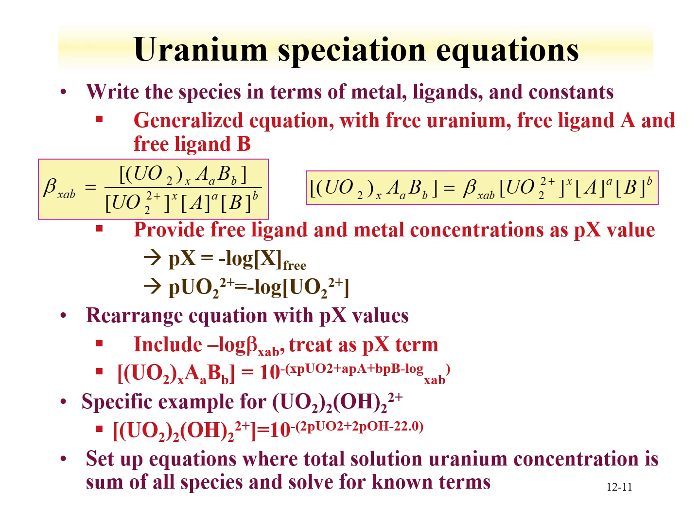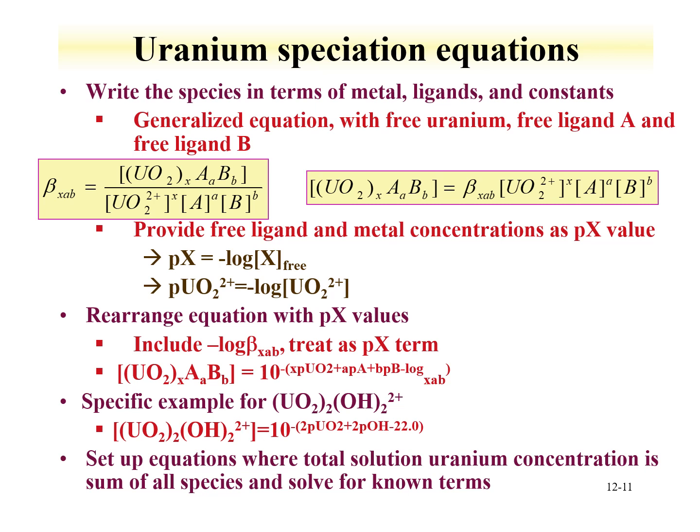An easy way to evaluate these terms is to write the free ligand and free metal concentrations as px values. Px, like pH. Px is just equal to minus the log of the free concentration. So for instance, p uranyl, UO2 2+, is just equal to minus the log of the UO2 2+ concentration.